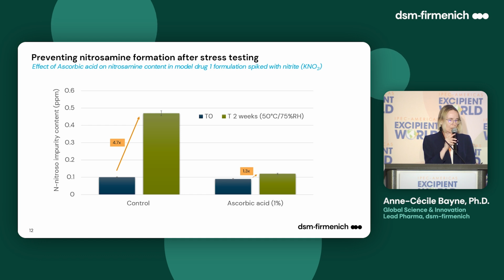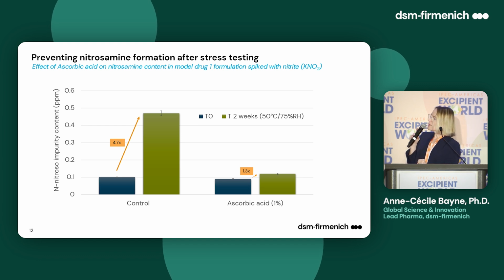So in the next step, we decided, okay, well, let's look now. We know for sure in solid dosage form, there is this ability to really quench the nitrite in the process and in the tablet. What about the API-derived nitrosamines? So in this case, we took an API, formulated it as it's normally formulated, and added some ascorbic acid, 1% in this case, looking at it immediately at T0, and then after 2 weeks under stressful condition, 50 degrees Celsius and 75% relative humidity.